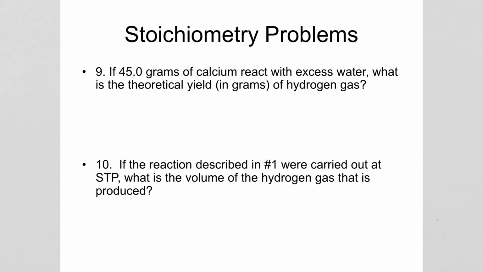Problem 9 is also a reaction stoichiometry problem. If 45 grams of calcium react with excess water, what is the theoretical yield in grams of hydrogen gas? Notice this problem didn't give us an equation, so we first of all need to get a balanced equation. Let's write that up here up top. So we're starting with calcium. We're reacting it with water. So this is going to be a single replacement reaction.